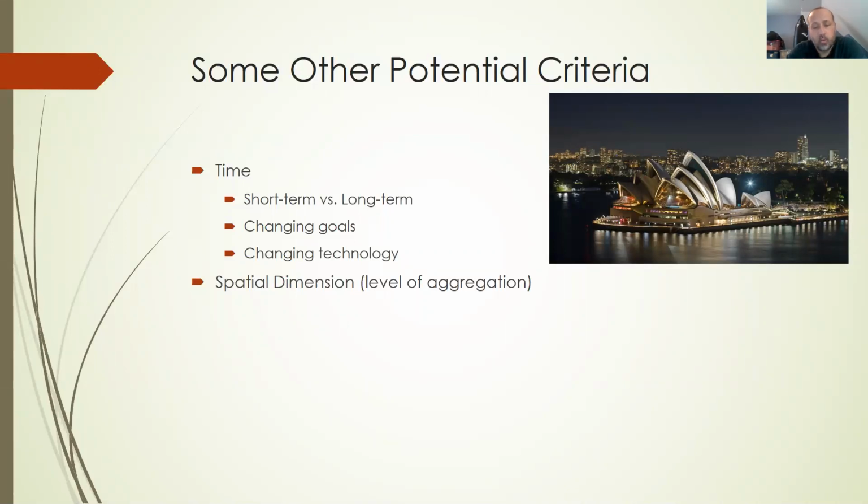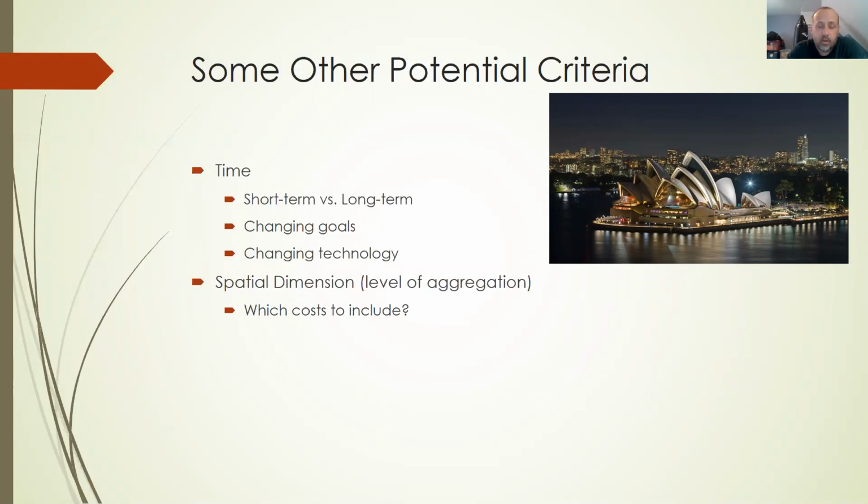It affects people in Oregon and Washington and Nevada and Utah and New Mexico and Arizona, and really it's going to affect everybody. So we need to think about that spatial dimension, which is often measured by the level of government involved.